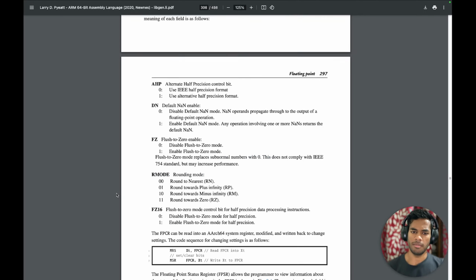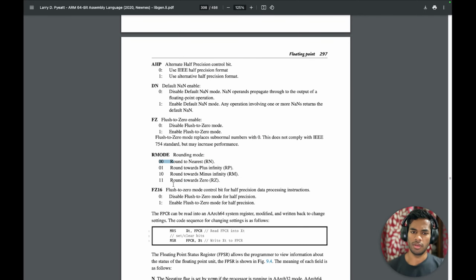RMode, rounding mode: 0 round to nearest, round towards plus infinity, round towards minus infinity, and round towards zero. FZ16, flush to zero mode control bit for half precision data processing instructions. Disable flush to zero mode for half precision.